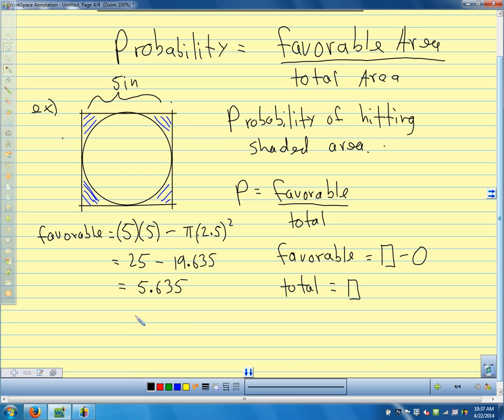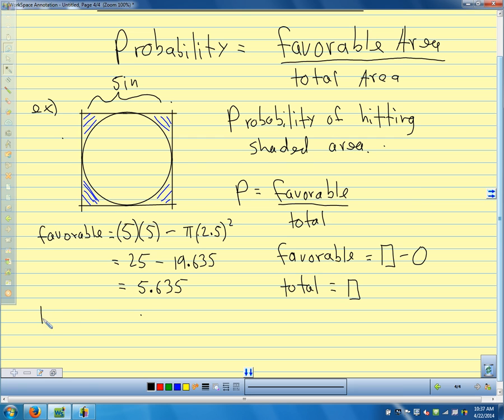What should it be? 25 minus, double check my arithmetic here, 25 minus 19.635. I think this is right. 25 minus 19.635 is 5.635. That's what my calculator tells me. All right, so my favorable area is 5.635.